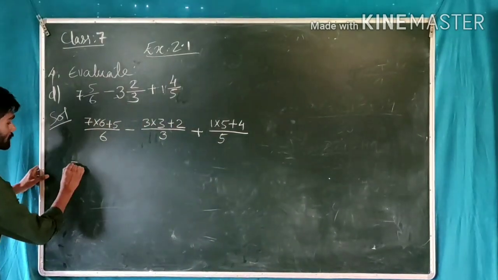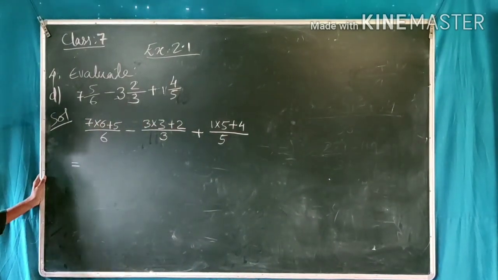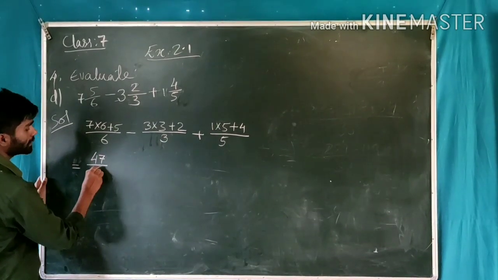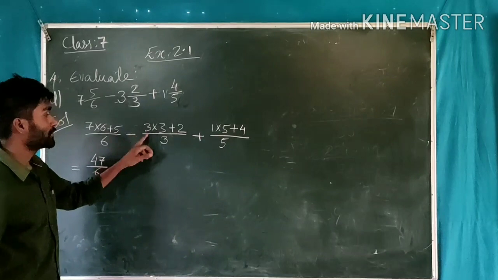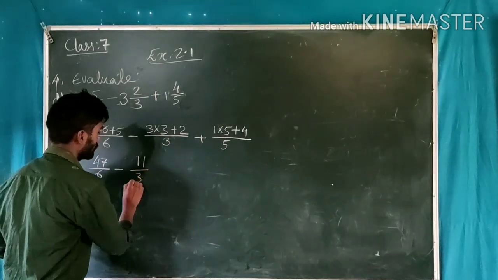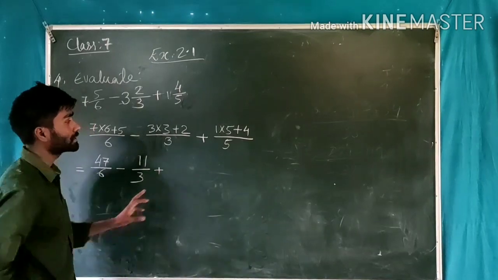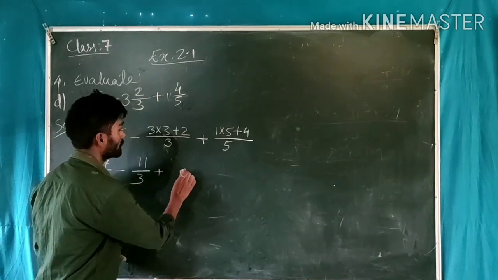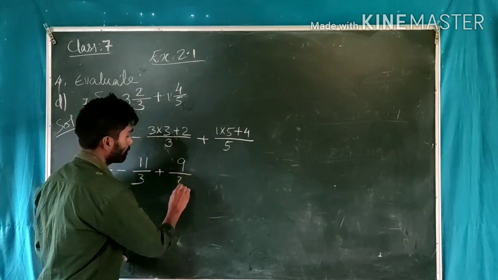Now 7 into 6, that is 42, plus 5, that is 47 divided by 6, minus 3 into 3, 9, plus 2, 11 divided by 3, plus 1 into 5, that is 5, plus 4, that is 9 by 5.